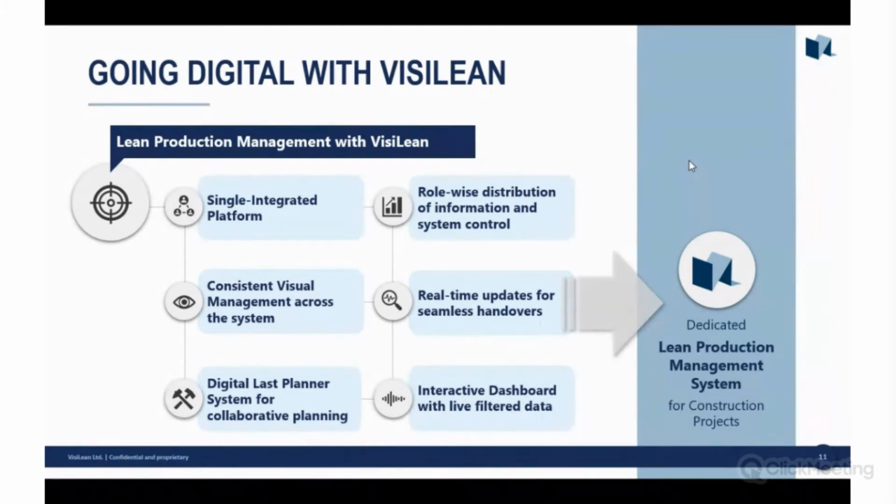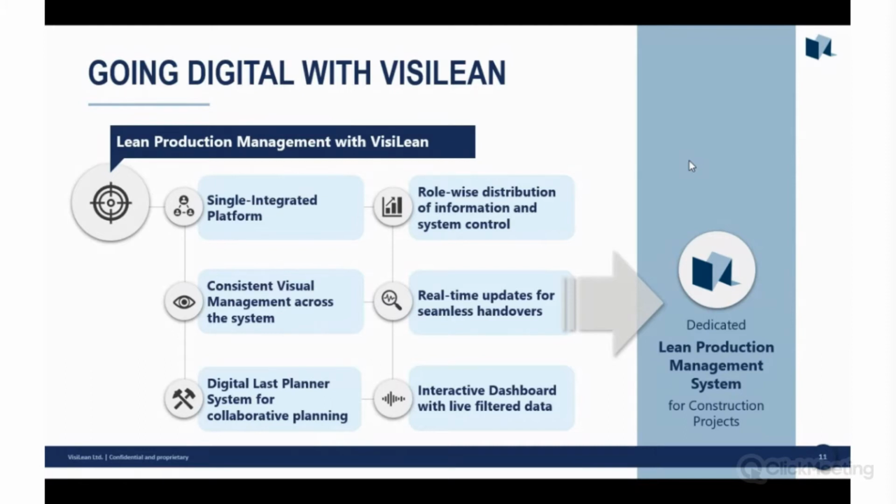And then we've got our digital last planner system. That's basically our digital solution for sticky notes or last planner, if anyone's familiar with that. We can distribute tasks and information depending on specific accesses that we allow people. Everything on VisiLean is available in real time. Updates are seamless and pretty much automatic.